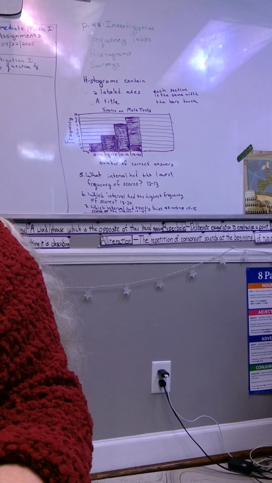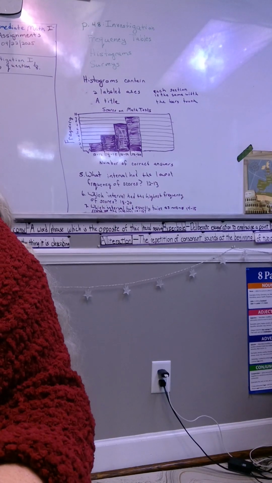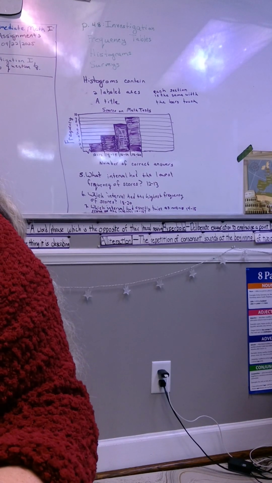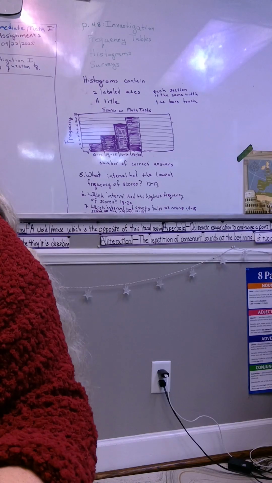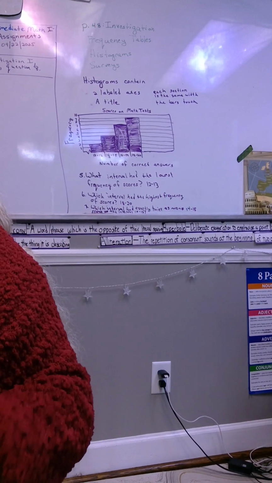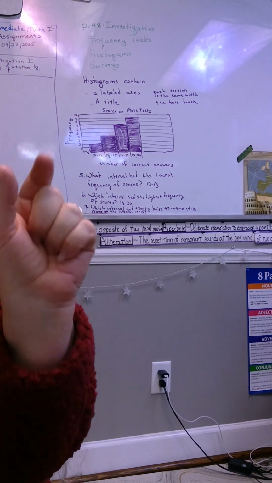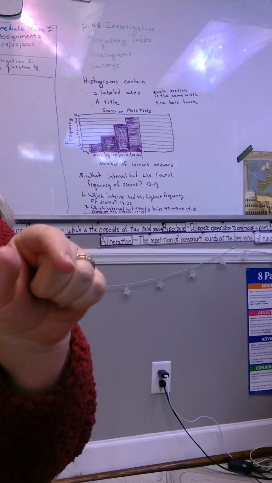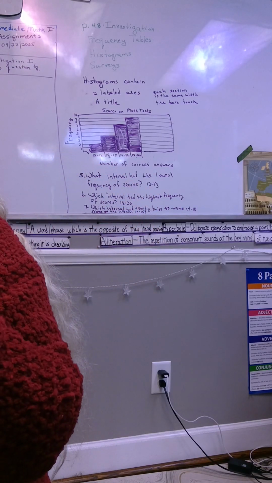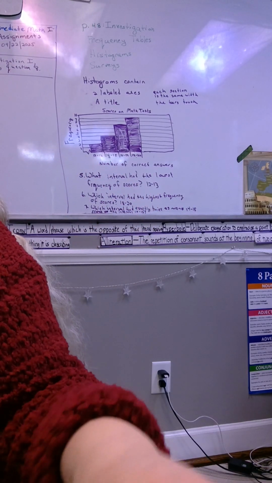And towards the bottom, there's something that looks kind of like a histogram, but it is a bar graph. So bar graphs, notice that the bars are not touching. In a histogram, the bars are touching. Okay, so they are different.